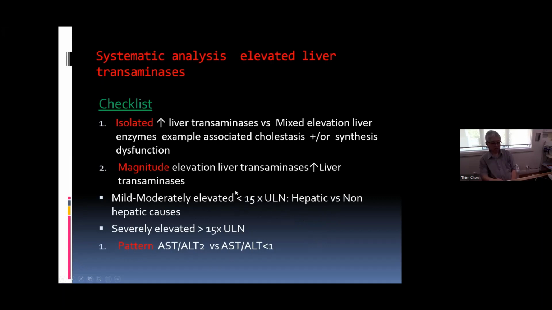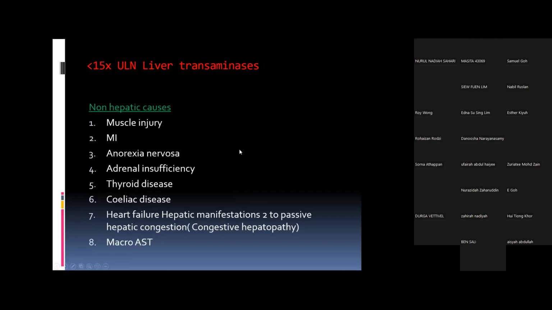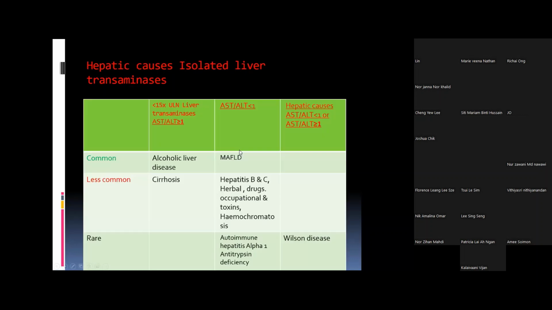This one is a bit exaggerated, 15 times. The causes can be a liver cause as well as a non-hepatic cause. I spoke a bit about adrenal insufficiency earlier, and these can be among the non-hepatic causes of raised transaminases.